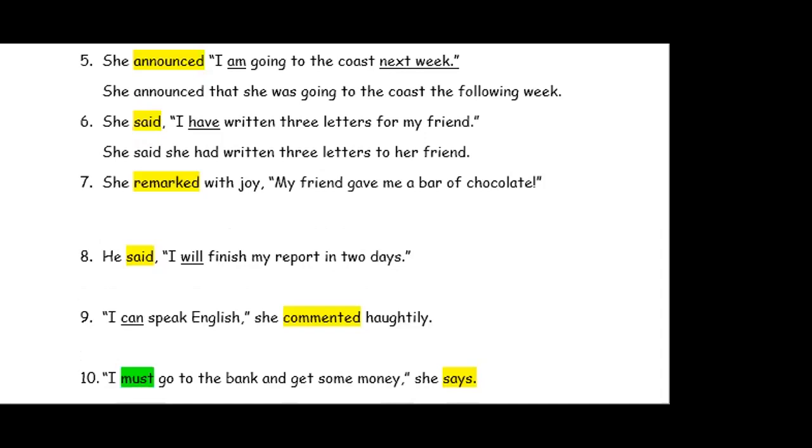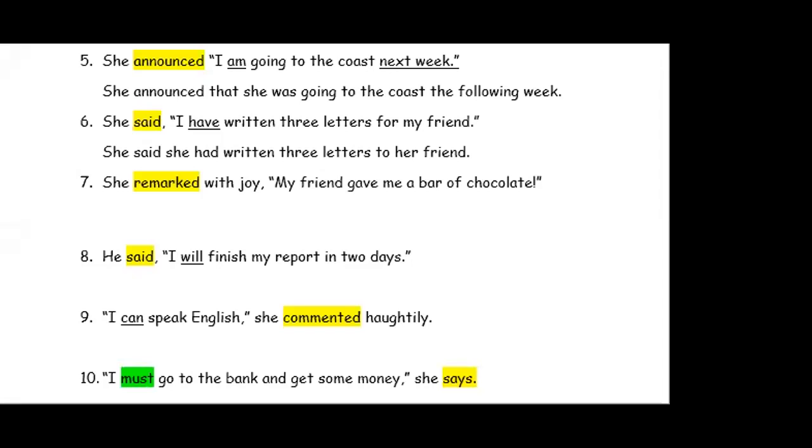Okay, so I see one answer from Christopher. Okay, and I'm going to use Christopher's answer because it is correct. Before we move on, Michael says she remarked with joy that her friend gave her a chocolate.